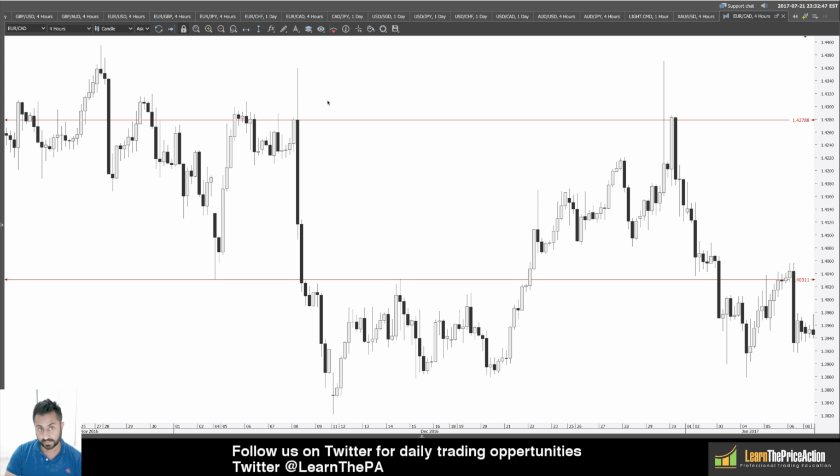So as long as we are below this line right here, we are still in the seller's category. This line has not been breached. So over here, it did not breach. It goes up and comes down. That's fine. Over here, it goes up and comes down. That's fine. So we are still in the seller's category.